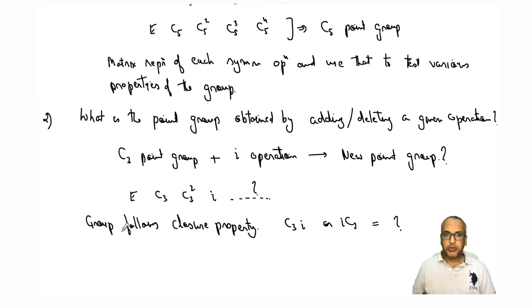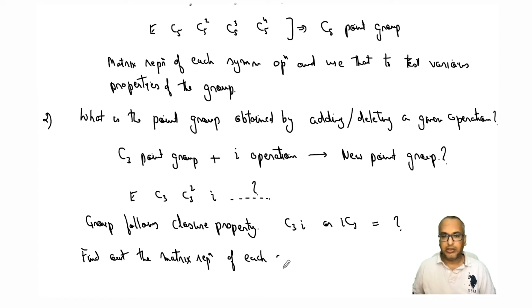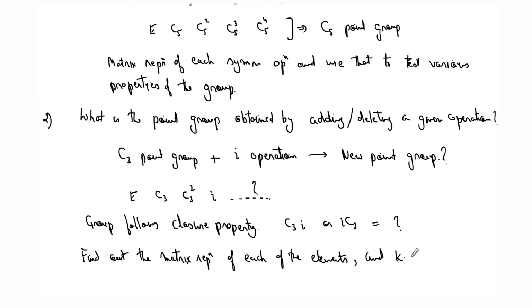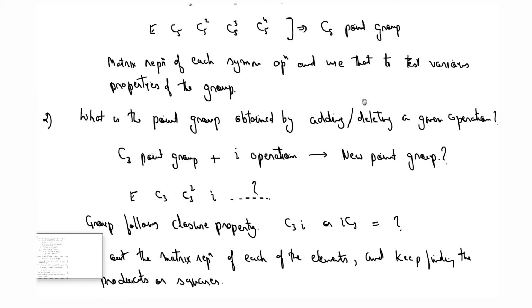So the best way is to find out the matrix representation of each of the elements and keep finding the products or squares of different elements, because that is bound to give you new elements until all the elements of the new group are completed. So let us see how it works out.